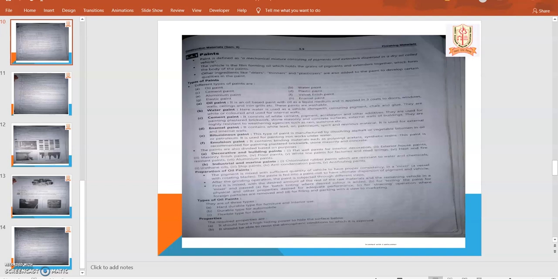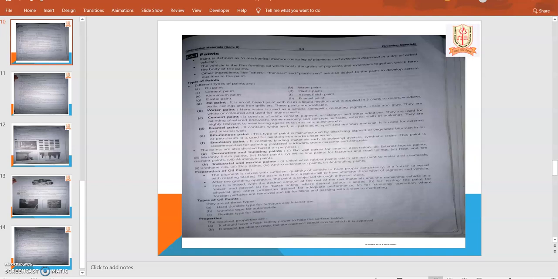Then enamel paint, it contains white lead, oil, petroleum spirit and resins. It is used for the external as well as internal walls. Now we see some ads in which enamel paints are preferred and advertised because they have good qualities.